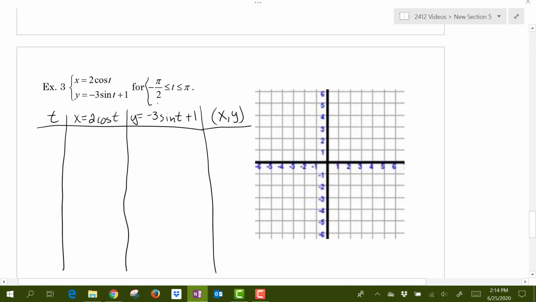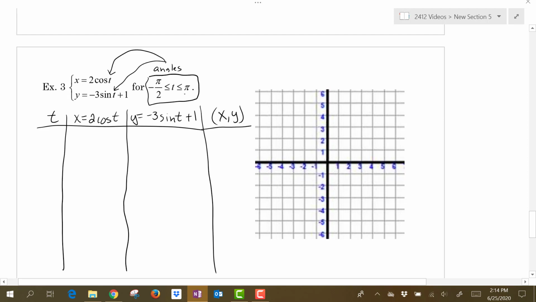Alright, so to choose the t-values, you'll notice this time our t-values are given to us as familiar radian measures from the unit circle, and these angles will go into the sine and cosine functions.